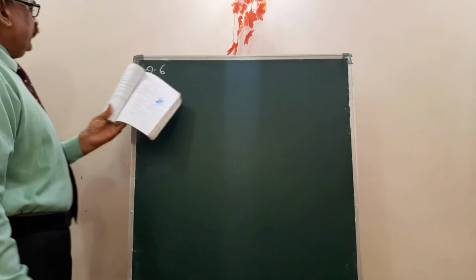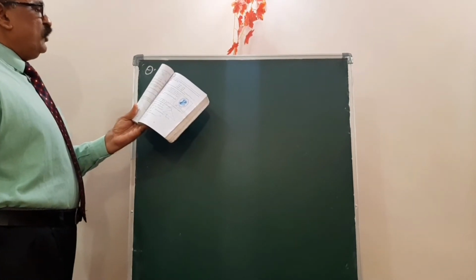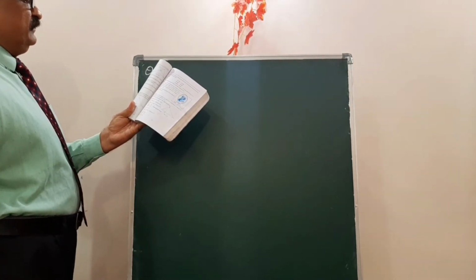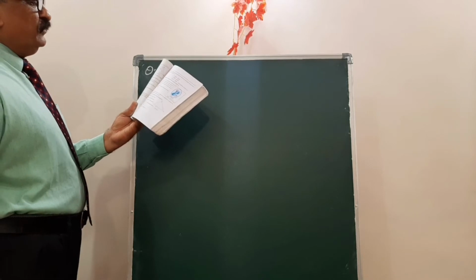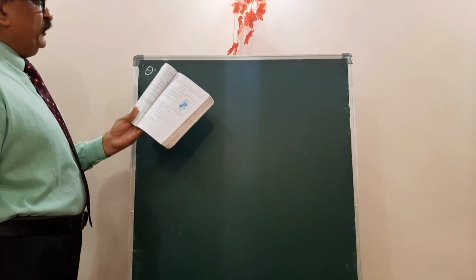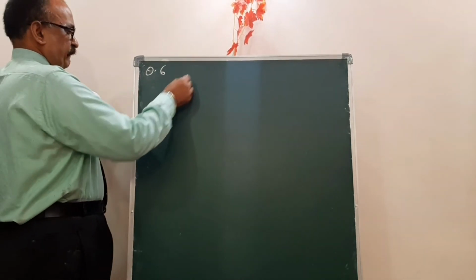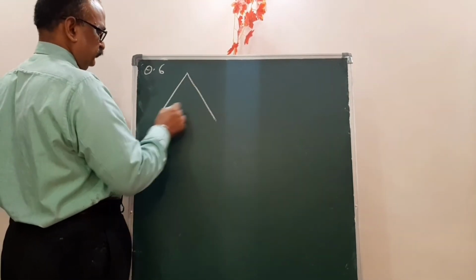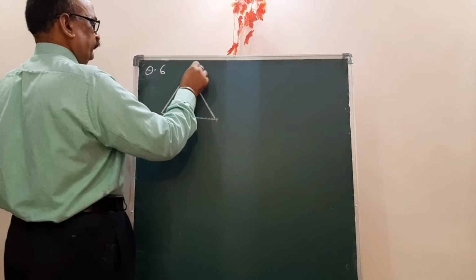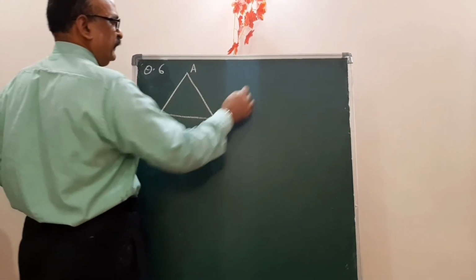Question number 6 is prove that the ratio of the area of two similar triangles is equal to the square of the ratio of their corresponding medians. ABC is a triangle.